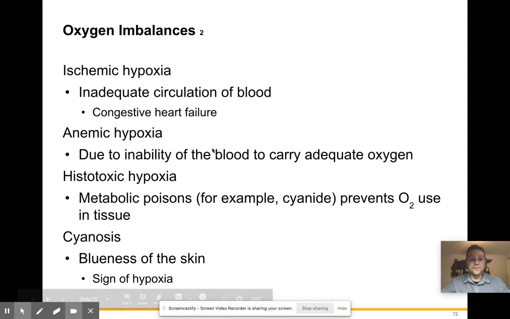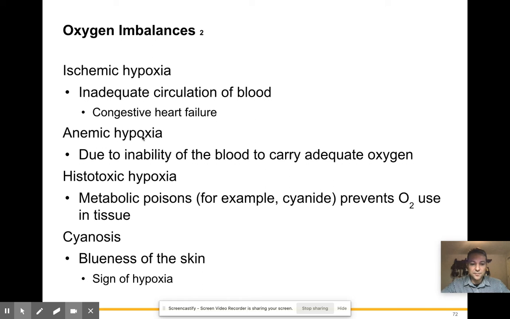Ischemic hypoxia is inadequate circulation of blood. Most of the time, this is due to some type of congestive heart failure. The only reason the blood is not circulating properly is going to be because your heart isn't pumping properly, which is what we call congestive heart failure.